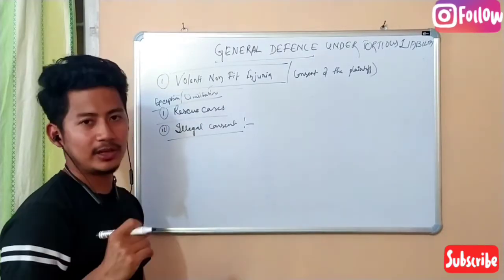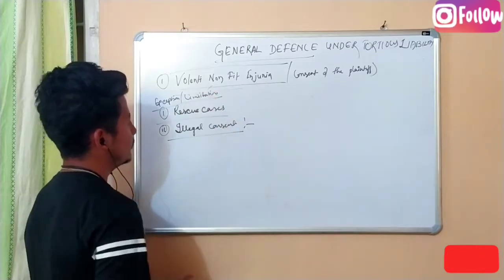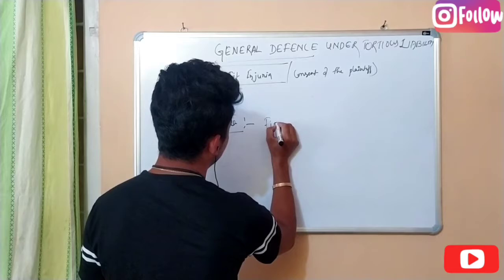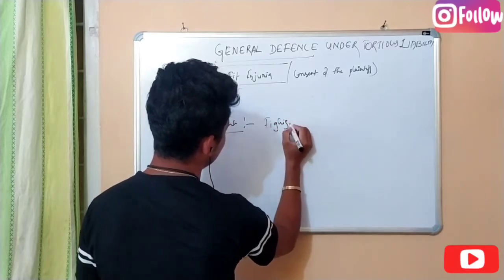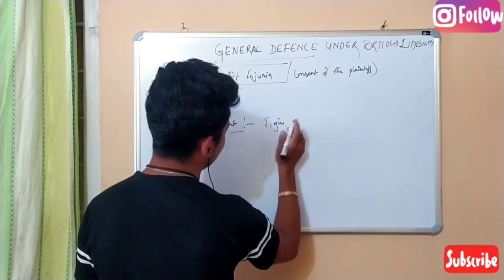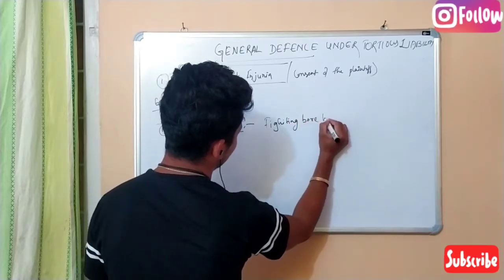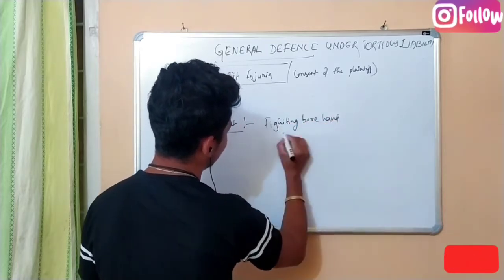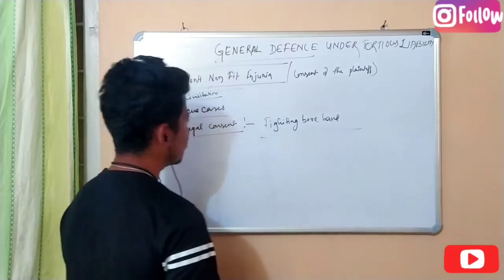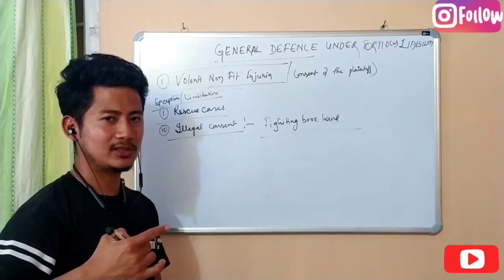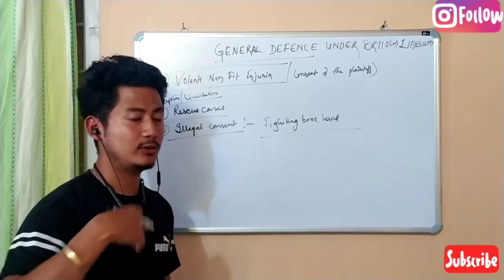In that case, you cannot use volenti non fit injuria. Say, for example, fighting bare hand. I am fighting with another person with bare hands, and that will obviously create a lot of injury to me or to him as well.